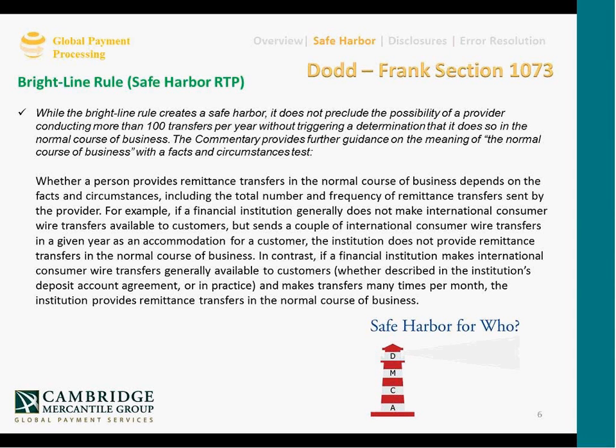And over a one-year period of time, if you've gone from making 80 payments and being within a safe harbor environment to say your volume has increased and you now do 105 over a yearly time frame, the FDIC will give that institution 6 months to implement and put in the policies and procedures required to comply with Regulation E, and they must then be providing disclosures and error resolutions to their customer base.